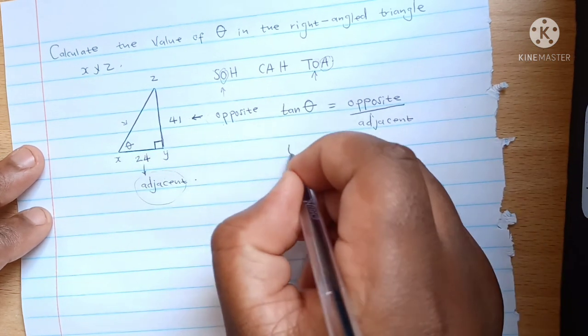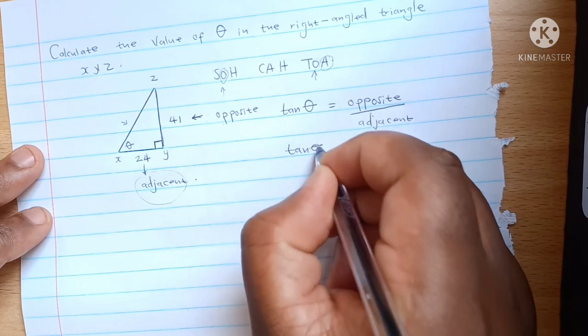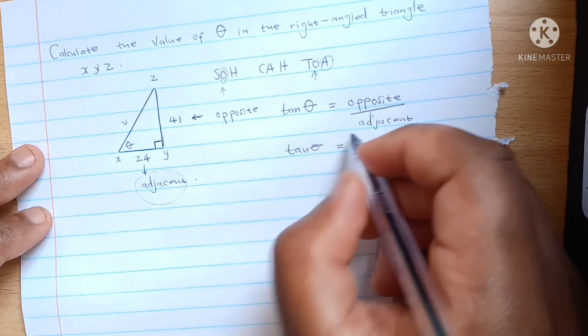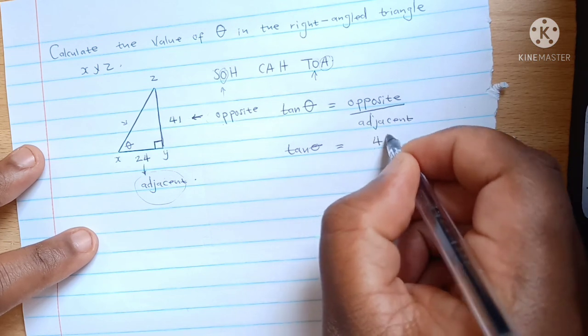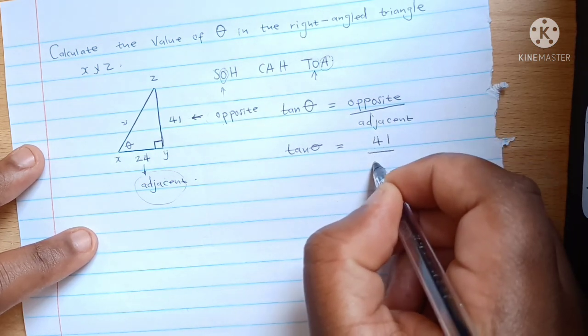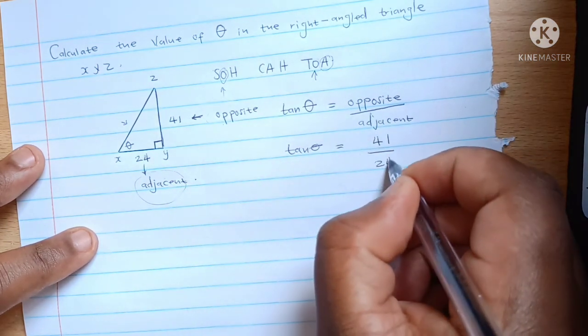Your opposite is 41 over adjacent, which is 24.